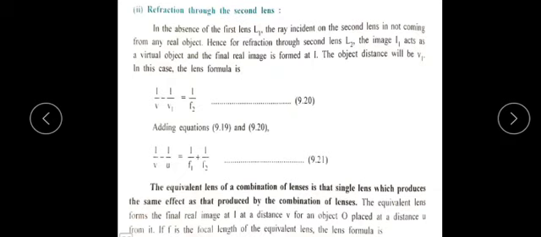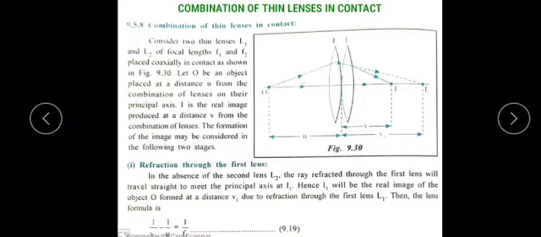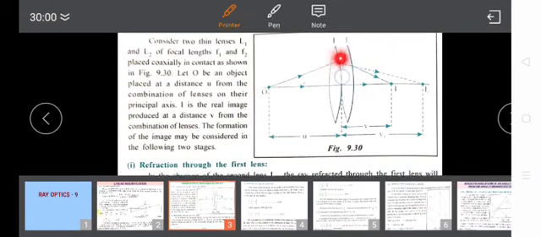Here, in the absence of the first lens, you need to consider the second lens only. The ray of light which is incident on the second lens is not coming from any real object. In the case of the first lens, the ray is coming directly from the object.